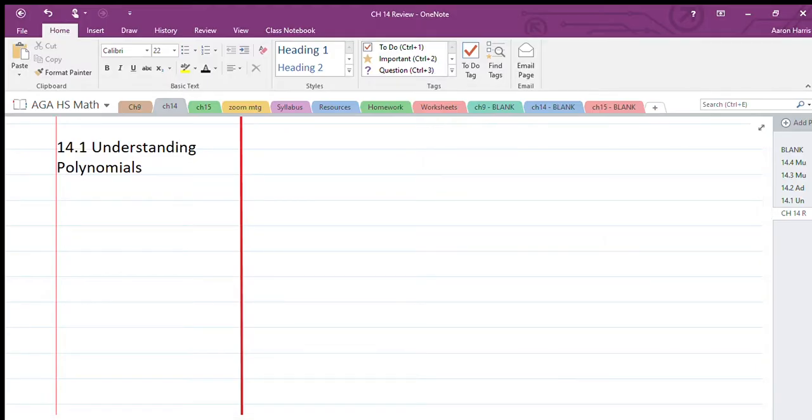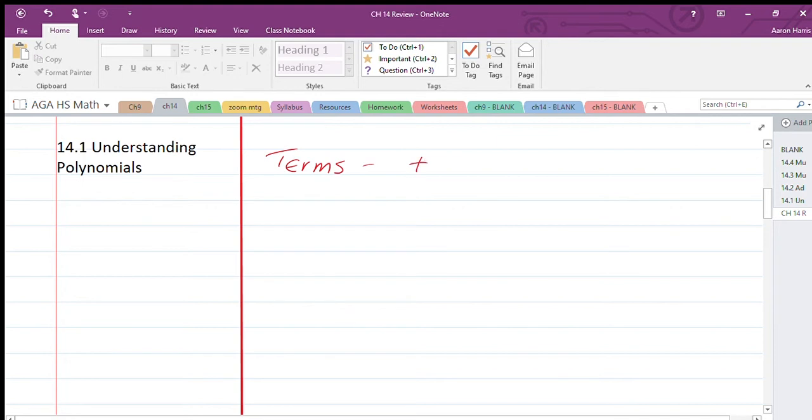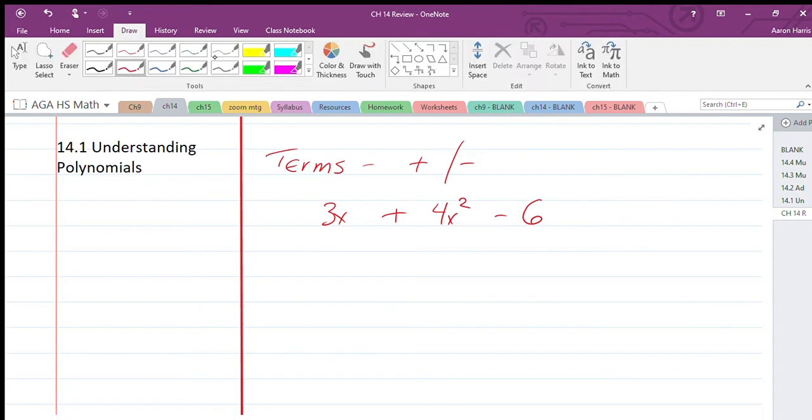Okay, so 14.1, understanding polynomials. Well, the first thing we have to know is how many terms are there? Terms are separated by what in a polynomial? A plus sign or a minus sign. So if I have 3x plus 4x squared minus 6, how many terms do you see there? 1, 2, 3.